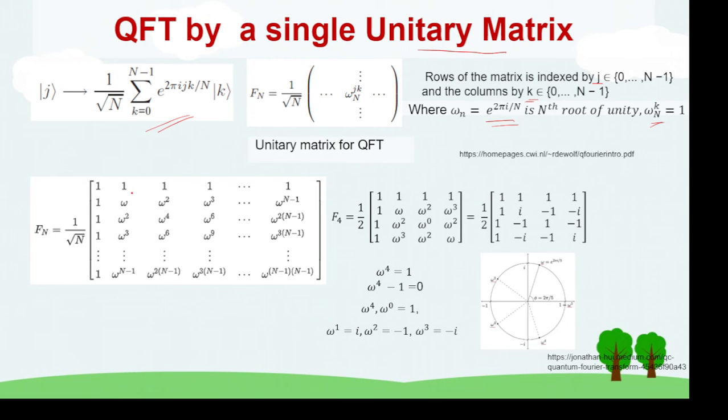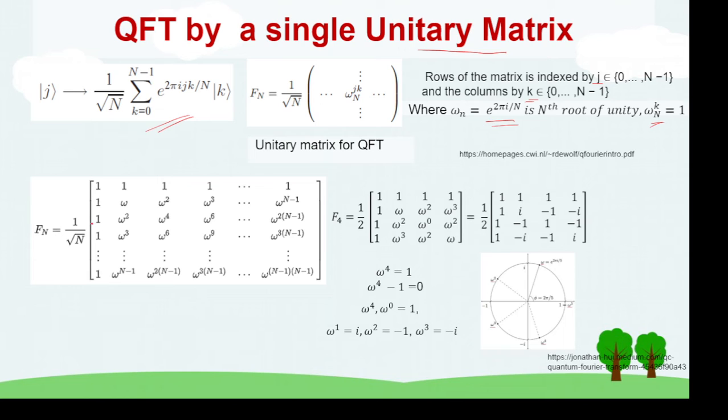How do we fill the next element? That will be easy. For example, the second row is given by omega to the power of 1, 2, 3, and so on, up to n minus 1. The next row is multiples of 2: 2, 4, 6, and so on. And this will become multiples of 3. Like that, it goes as high as multiples of n minus 1.